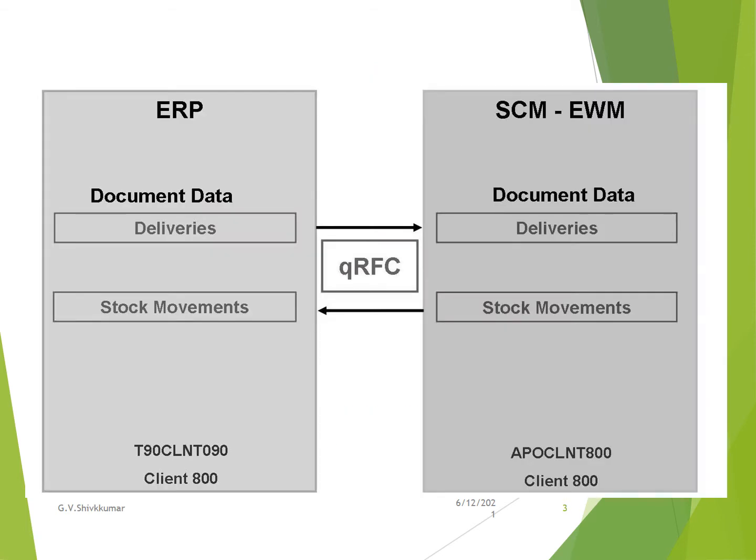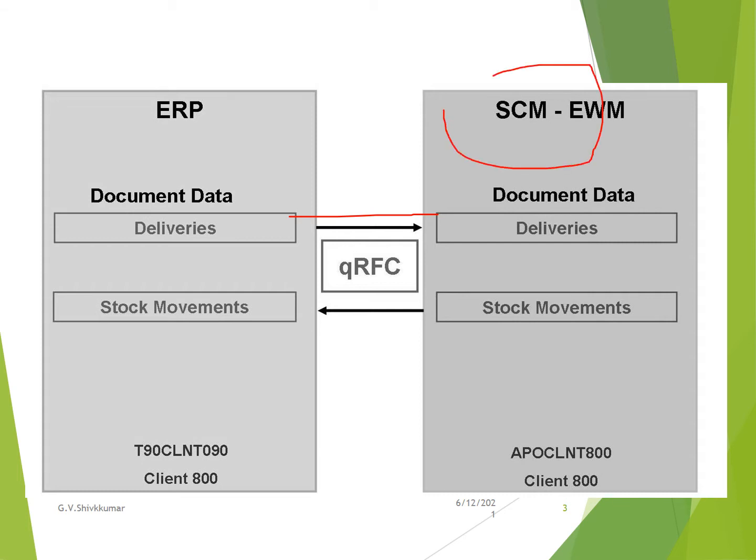This picture shows an ERP having document data, that is inbound deliveries, outbound deliveries, then inventory stock movements. Once posted, it will trigger an update to the EWM through the qRFC. So data will be flowing through qRFC and reaches SAP EWM.